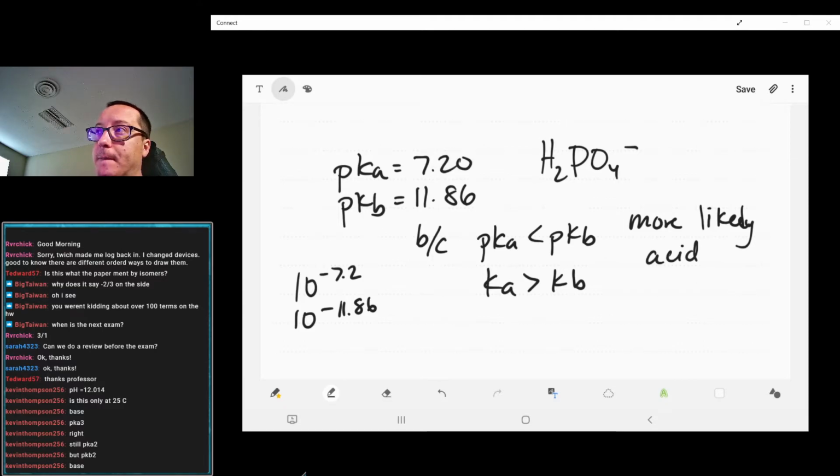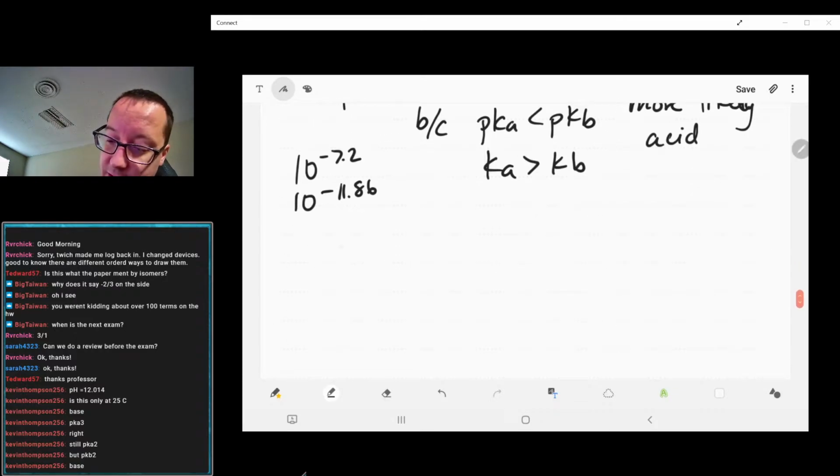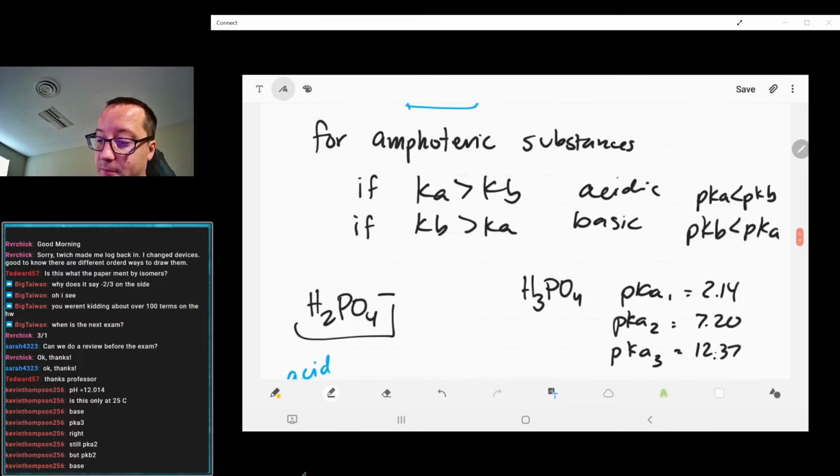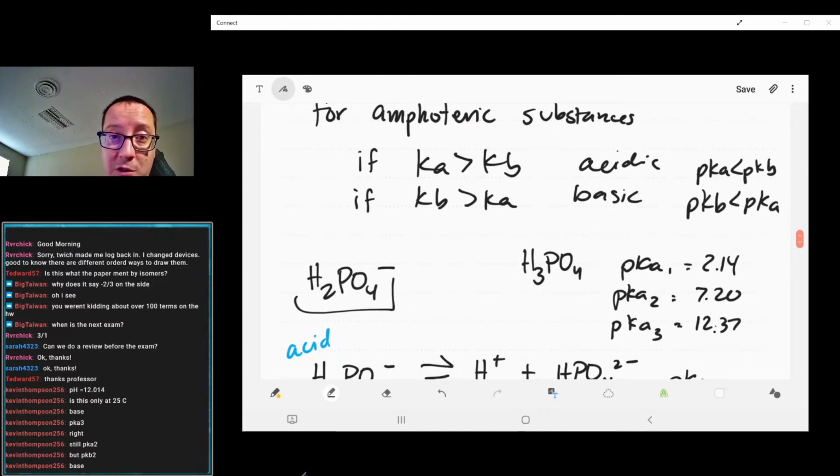All right. Let's take a look at just a single hydrogen phosphate. And let's look at its pKa and pKb values. What's this one going to react as? So its pKa and pKb we can figure out. Its pKa is going to be pKa3, right? That's where we're removing our third proton from phosphoric acid. And so that will be a 12.37.